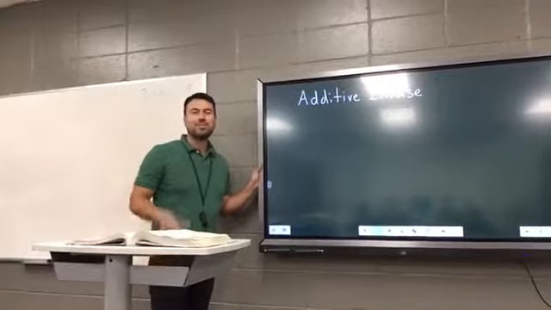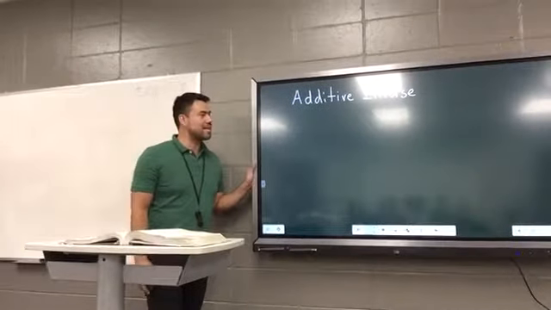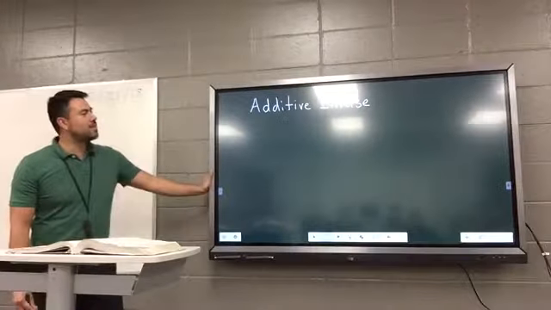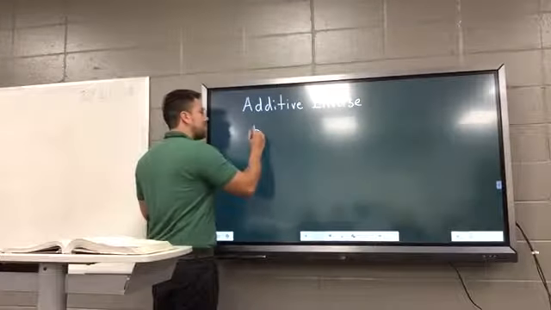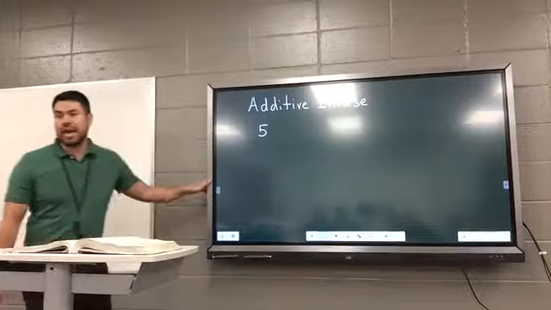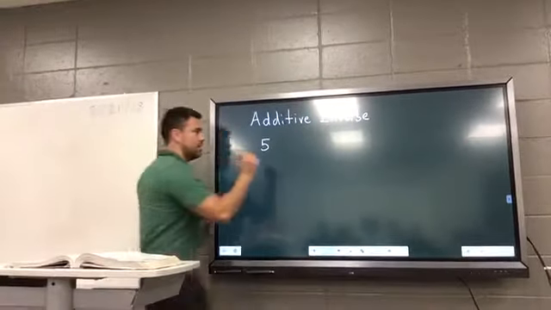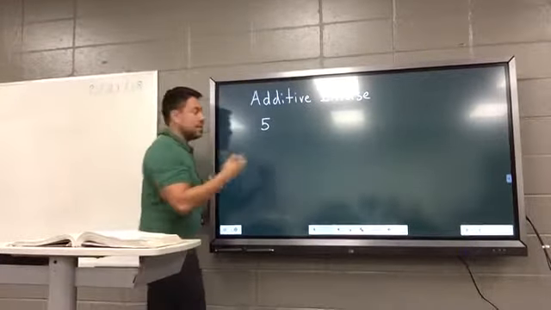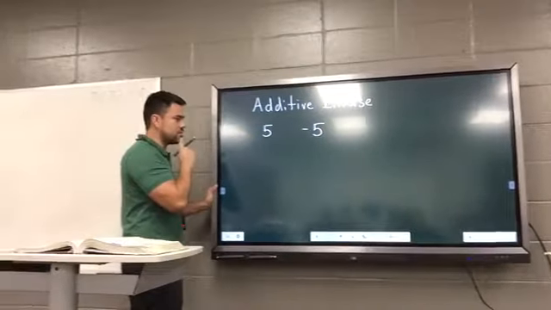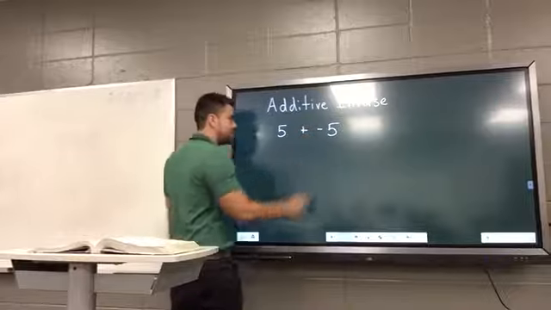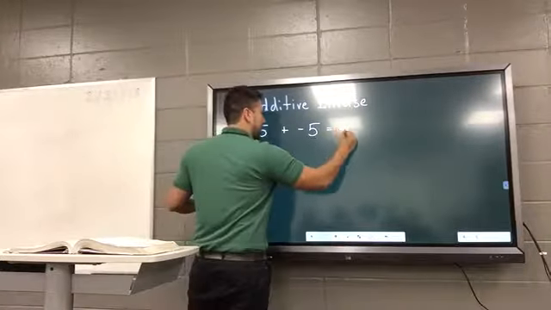Yes, it brings a sigh to some people, but it's actually not a bad thing. Let's do a little review of this because we have talked about it before. Does anyone know what the additive inverse of 5 is? Benton? It'd be negative 5. The reason that these two are additive inverses of each other is because 5 plus negative 5 is 0.